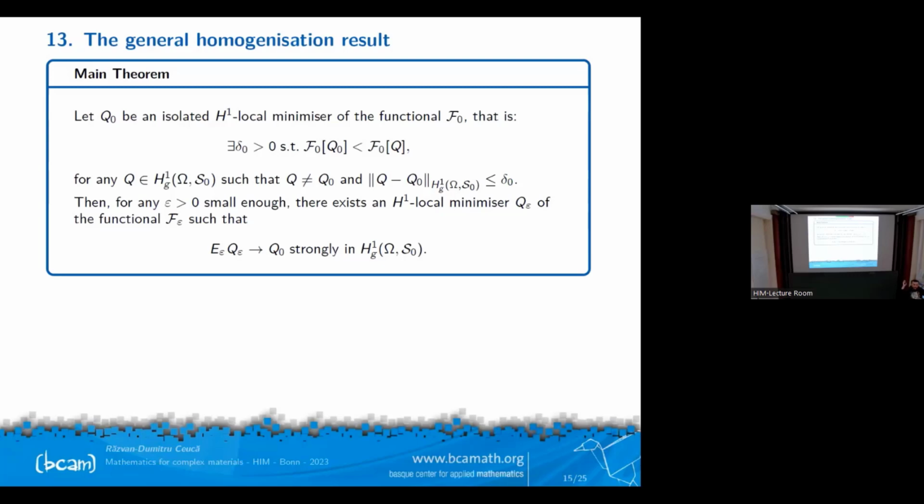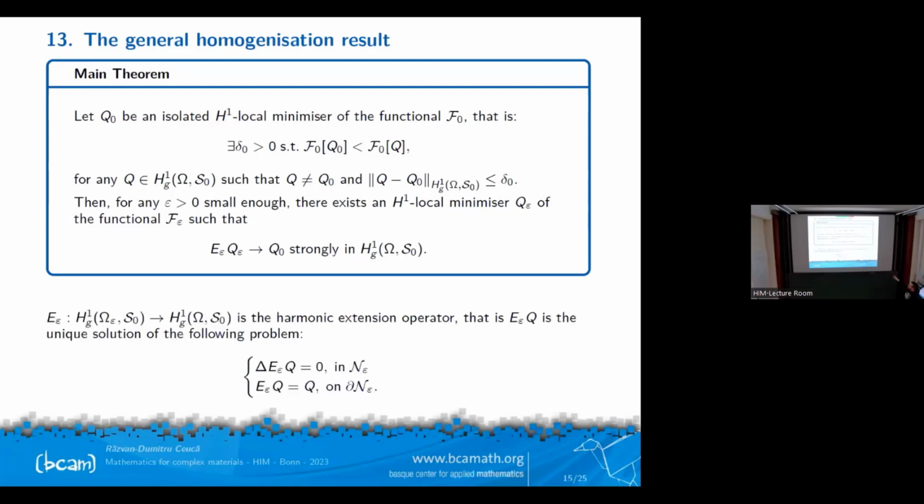If I have a desirable configuration, I'm saying I can achieve it through homogenization, in very simple terms. This is the harmonic extension operator: it solves Laplace inside of the cubic microlattice, and I want it to be equal to Q on the walls. I'm basing this on the machinery produced by Giacomo and Artier.